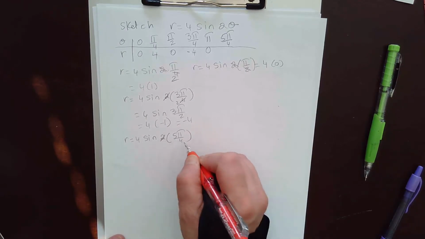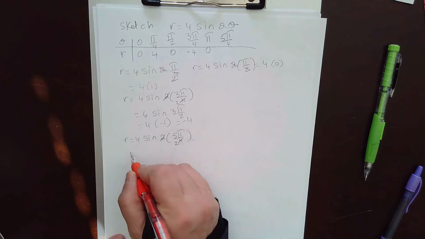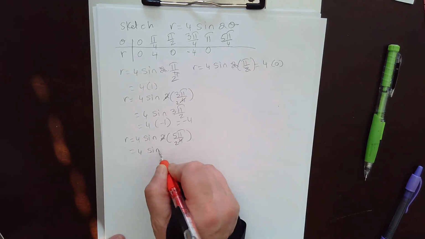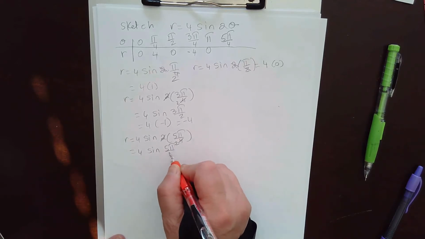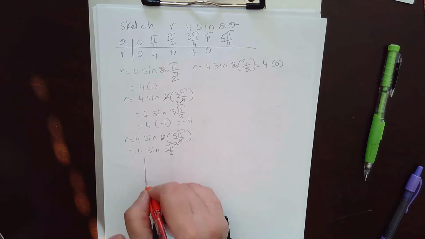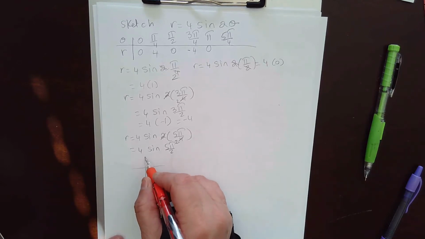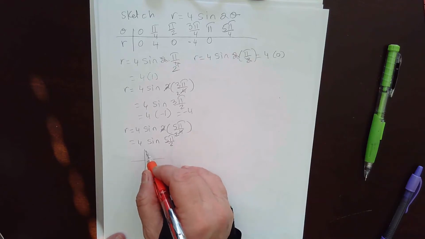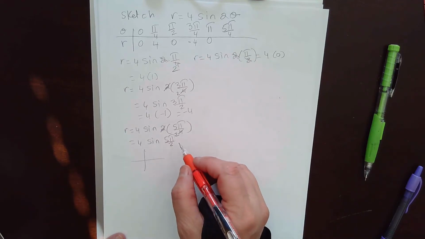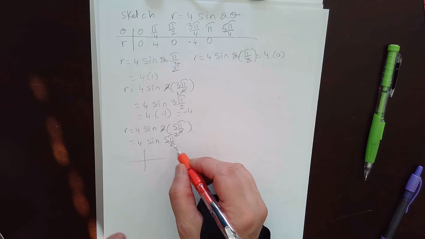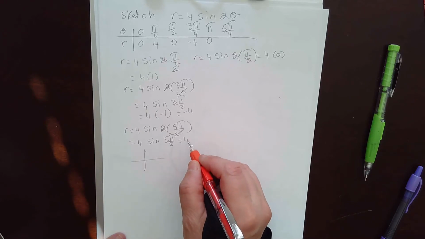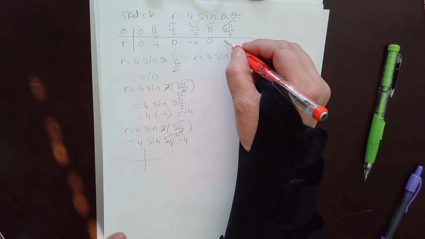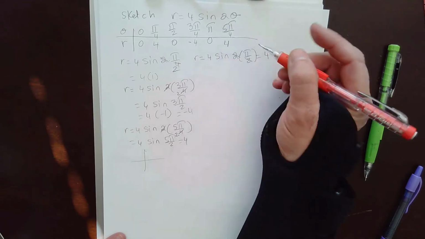So this divided by 2, this divided by 2 is 2. So 4 sine 5 pi over 2. If you notice, pi over 2, 3 pi over 2, 5 pi over 2, same as pi over 2. So that's 1. So this gives me 4. So 5 pi over 4 is 4.